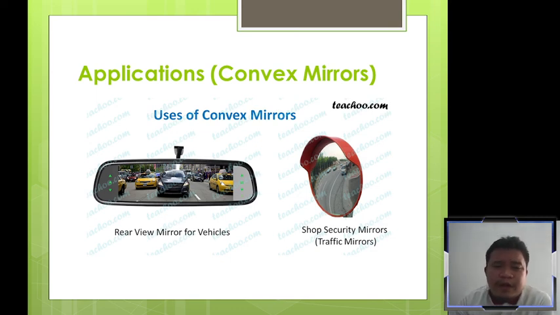And there are many applications of these image formations. So we have, let's say for example, for convex mirrors, rear view mirror for car vehicles, or shop security mirrors like the ones that you see in many convenience stores, right? And even blind curve mirrors or traffic mirrors. So the use of that is that convex mirrors cover a wide view so that you can see everything behind it.